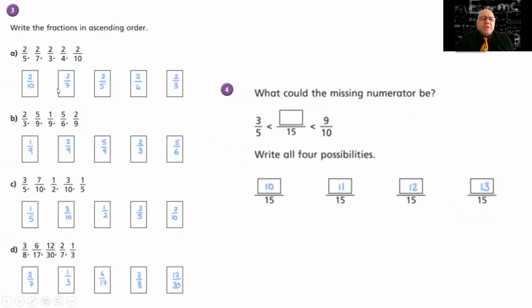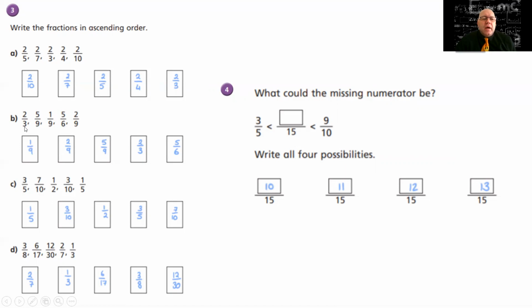Right, here are your answers. Now in A, all the numerators are the same. So all you needed to do was put the largest denominator at the left through to the smallest denominator on the right. So the 2/3 is the largest of those fractions. On B, I would be looking at converting the denominators.